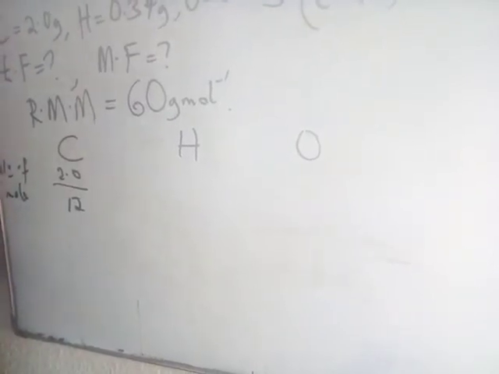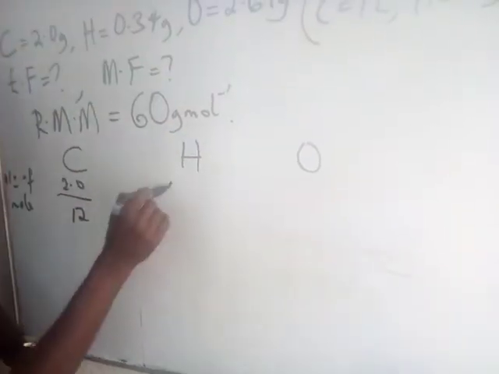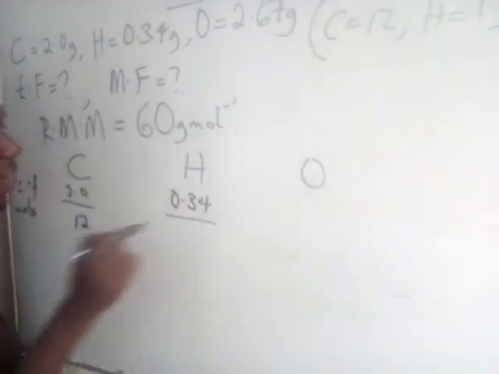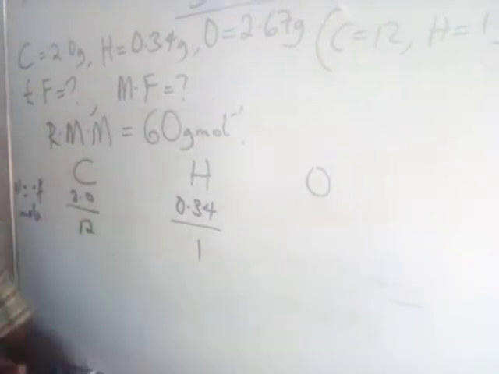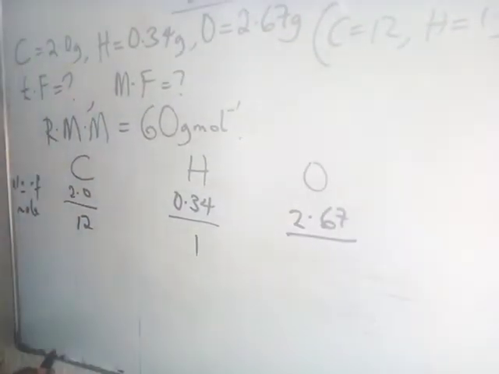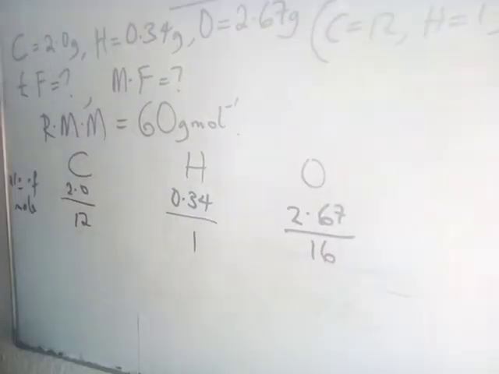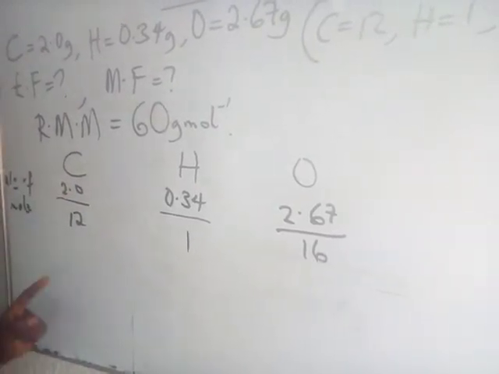Do you understand? Good. So what about hydrogen? 0.34 divided by 1. Then oxygen is 2.67 over 16. Now I want you all to compute this and tell me the results.